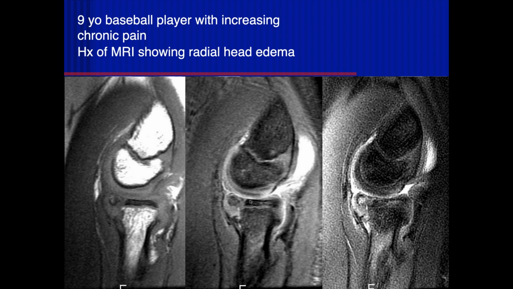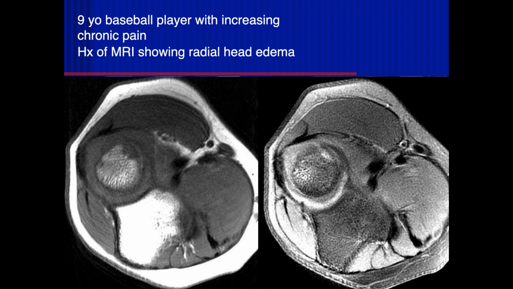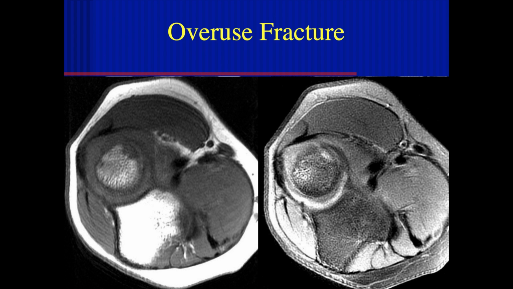You don't really get fragmentation of the radial head ossification like, say, the trochlea. And there's a defect there anteriorly, right there. So kind of a chronic stress fracture, chronic overuse. You can have a fracture from overuse just as well as trauma, i.e. falling down or something.